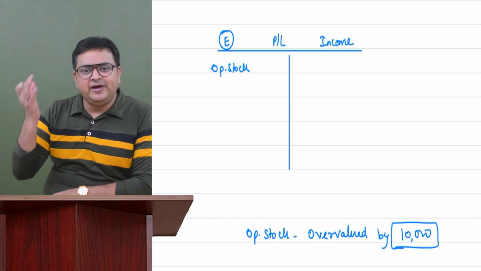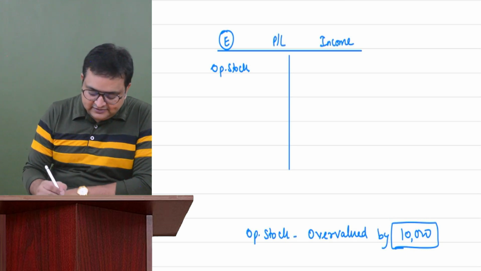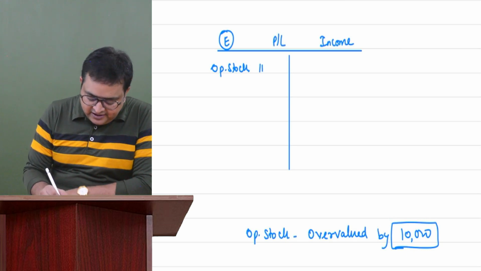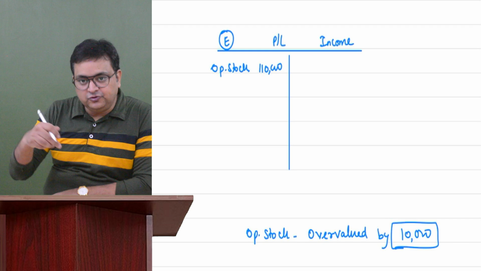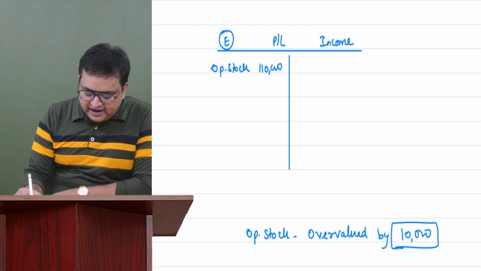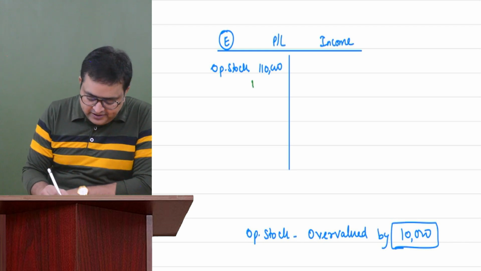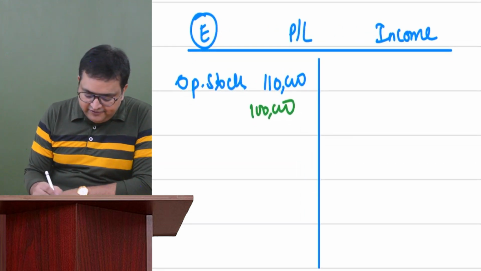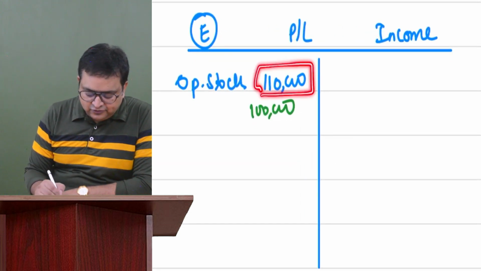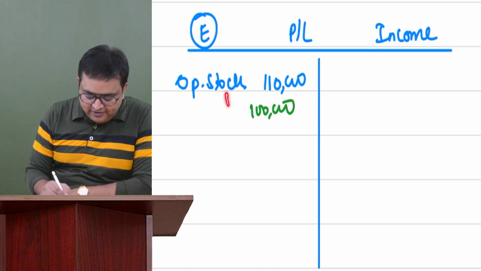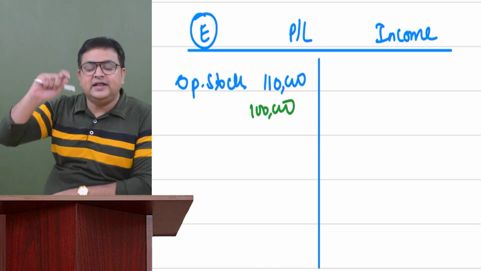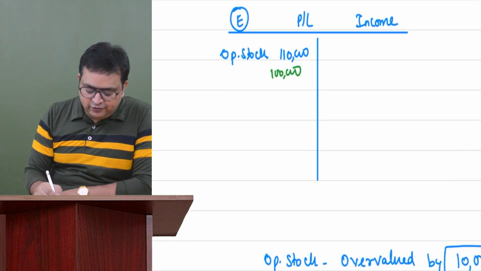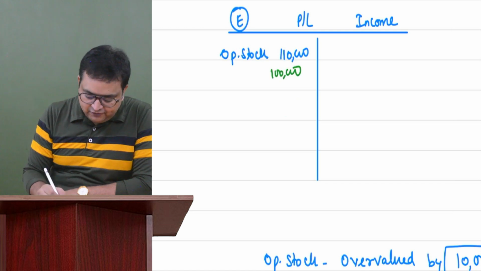Sir, if it is overvalued by 10,000, let's say I have written it as 1,10,000. It is overvalued, so the ideal opening stock should be 1 lakh rupees. What we have done is we have written it as 1,10,000, so it is overvalued by 10,000. You have to take out the 10,000 from here.